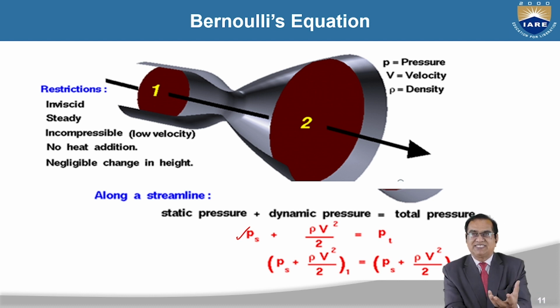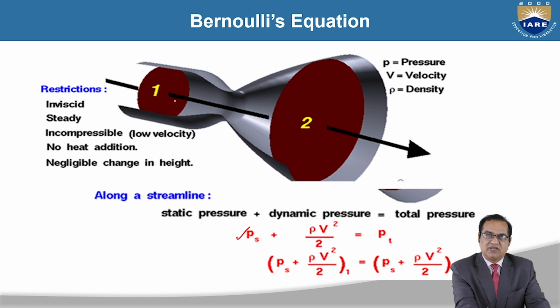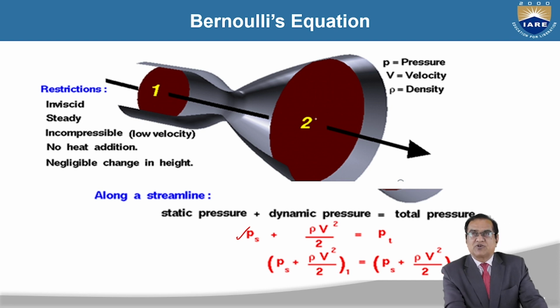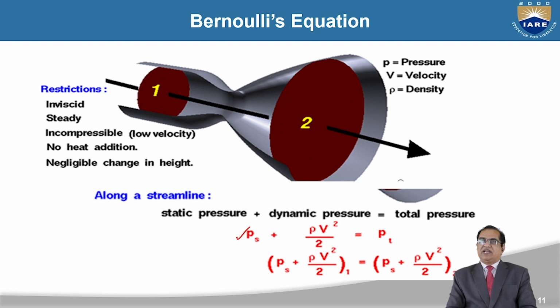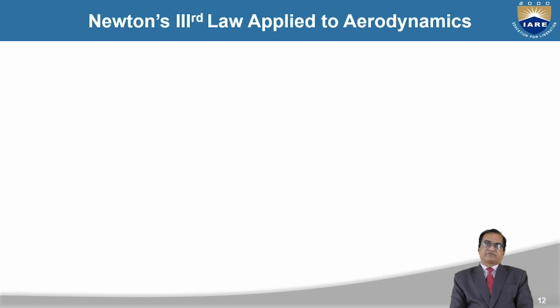This means the total energy at 1 will be the same as the total energy at 2. So this Bernoulli equation is nothing but a conservation of energy. This is the law which relates pressure to velocity. That is its contribution, and this principle is used very significantly in airfoil lift generation.